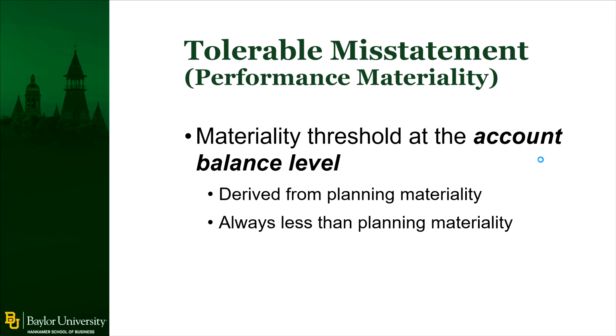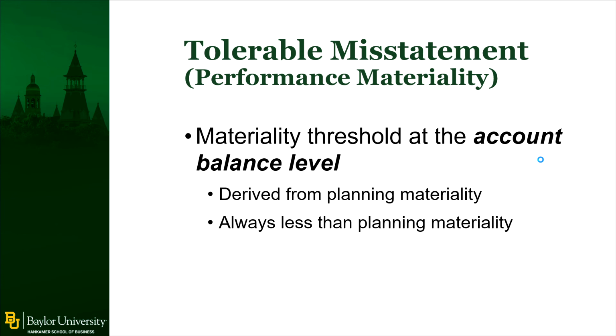I have overall materiality for my financial statements, but our financial statements are made up of various accounts. We have cash, accounts receivable, inventory, and then our income statement accounts, revenue and expenses. Our tolerable misstatement is derived from our planning materiality, and it's usually equal to about 50% to 75% of our overall materiality.